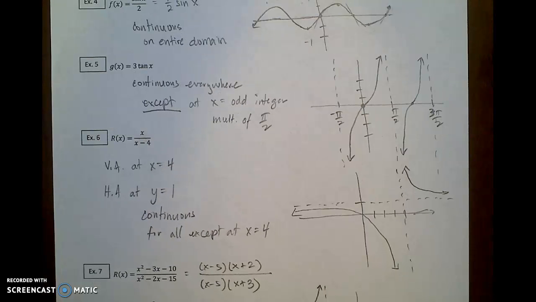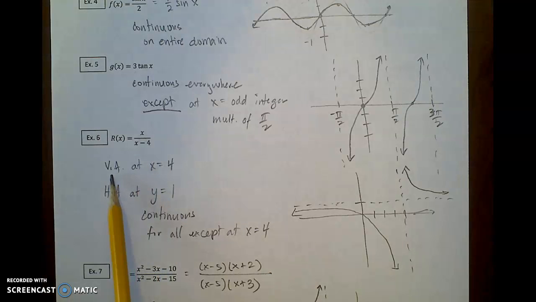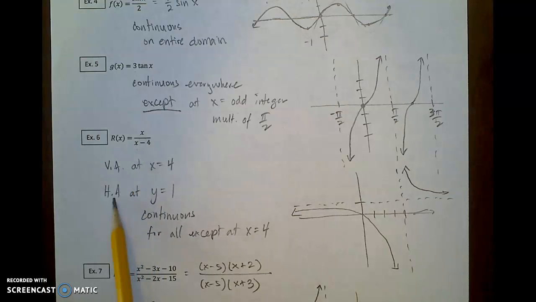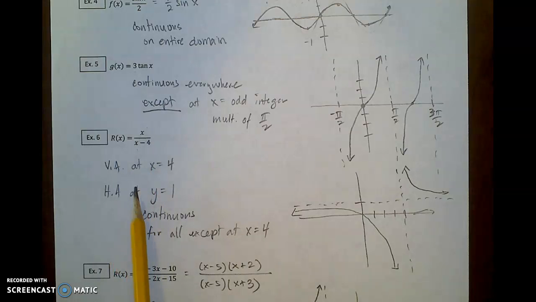On example number 6, we have this rational function. Again, reminding ourselves how to graph a rational, this one has a vertical asymptote at x equals 4, because at a value of 4 this denominator is undefined. For the horizontal asymptote, we look at the ratio of the degrees of the numerator and denominator.